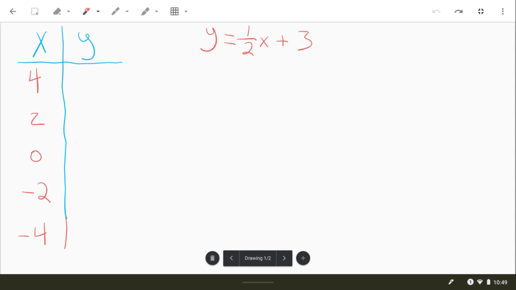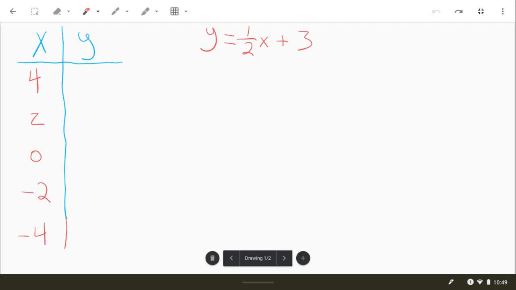So we're going to use this thing called the t-table method, where we're choosing certain numbers for x to plug in, and they're going to give us y values back. All right, so we're going to fill in this t-table. Now, because this one had a 1/2 right here, we're doing 1/2 times x, I actually had to be a little careful.